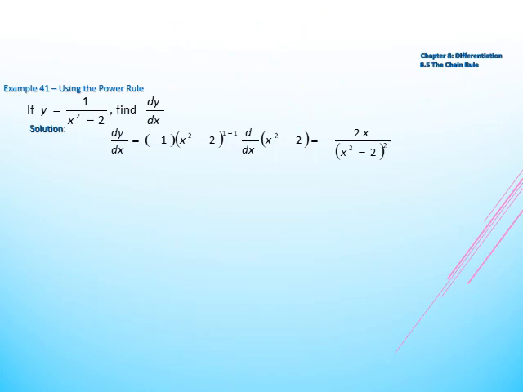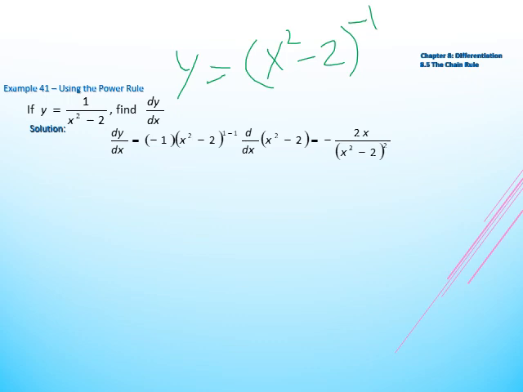Another example for using the power rule in differentiation, like this. If you have y equal to 1 over x squared minus 2, you can convert it to y equal to x squared minus 2, all to the power negative 1, and use the power rule as follows.